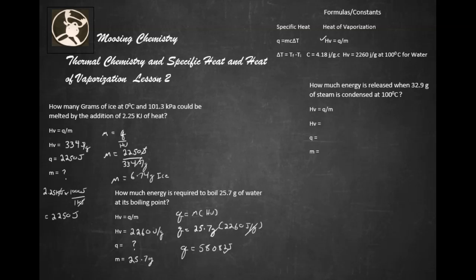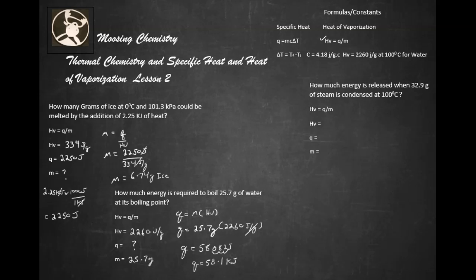We just move the decimal 1, 2, 3 over. If you want to do that, and that would be 58, let's just round it off, 58.1 kilojoules. Pretty darn snarly, I say.